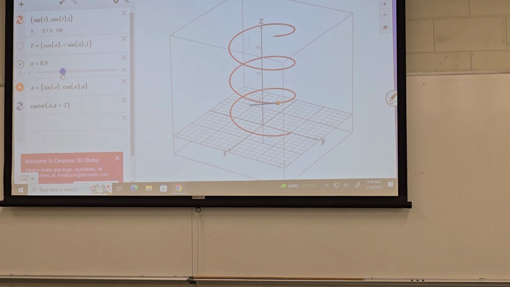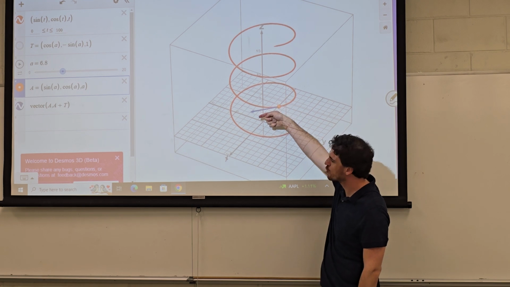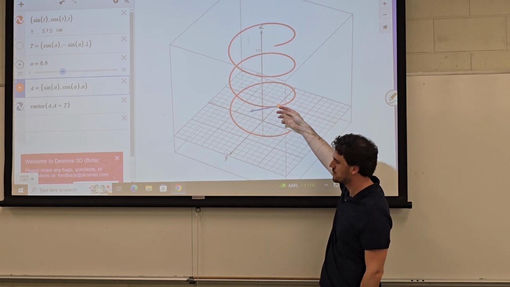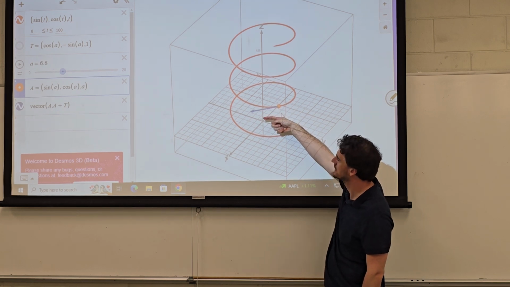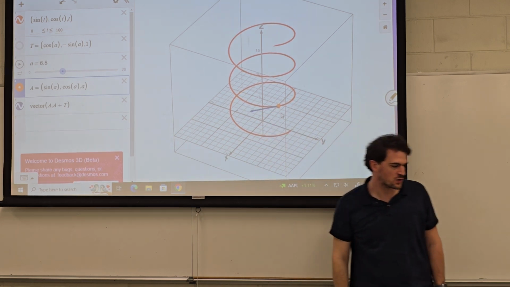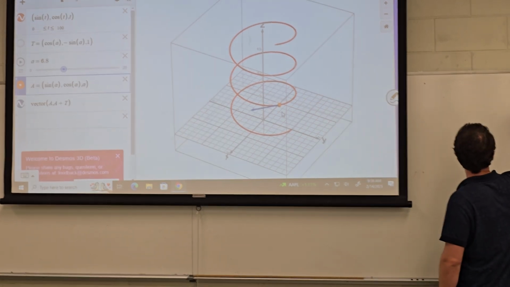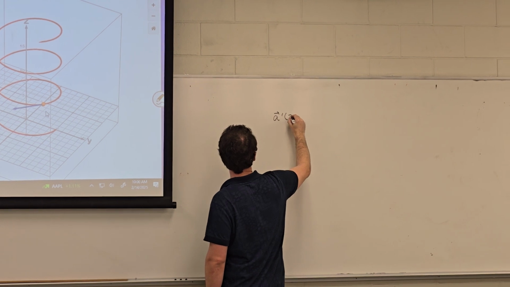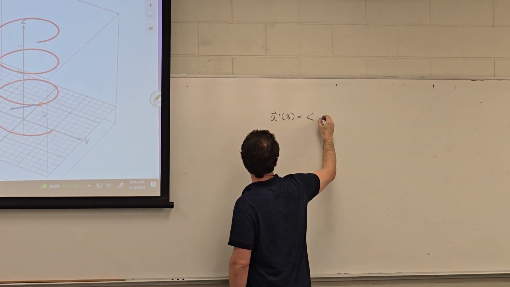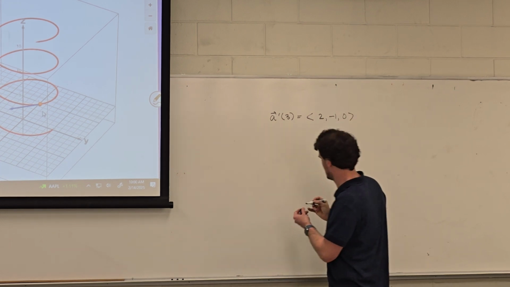It contains the point, and just like we expect with our derivatives, if you think of it as a particle, it's pointing in the direction that this particle is traveling. Looking at the vector alone by itself, say I give you some general r prime of 3, and you get the vector 2, negative 1, 0.